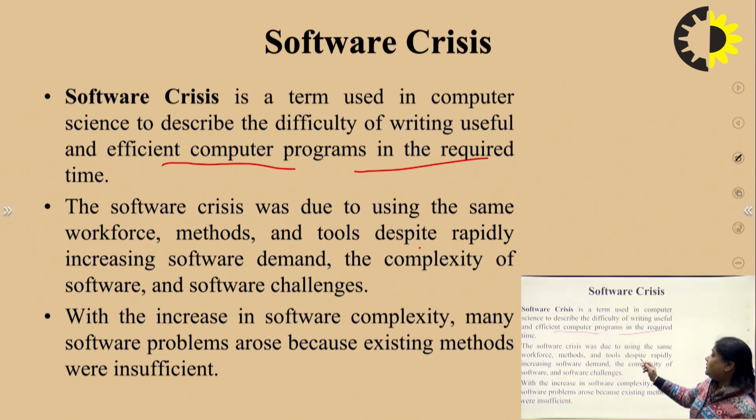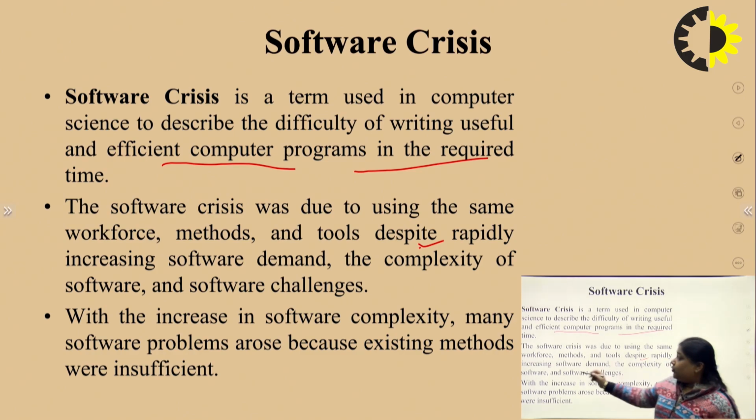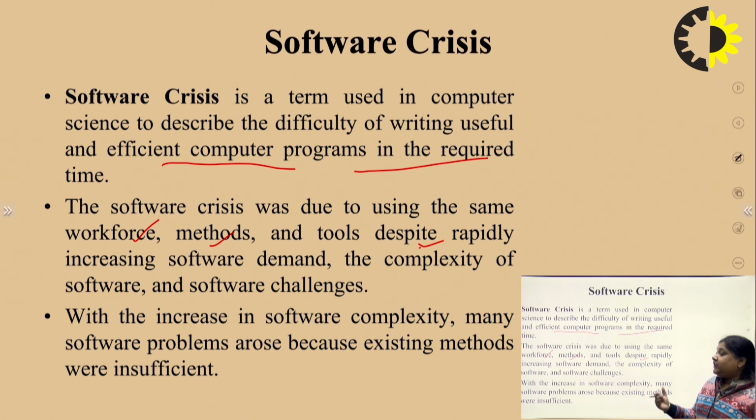Despite rapidly increasing software demand, the complexity of software and software challenges, we don't have much workforce and different methods to complete the task, so it can result in a software crisis. With the increase in software complexity, many software problems arose because existing methods were insufficient.